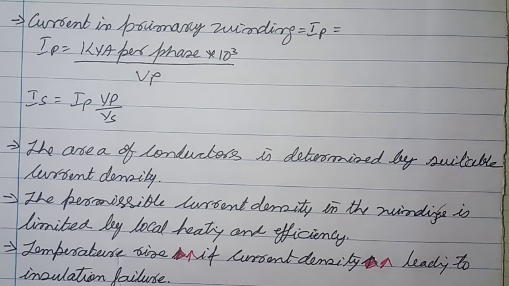If they are not, the higher the current density, the higher the temperature, which will ultimately lead to the failure of the insulation. Therefore the current density chosen while we are designing the area of conductors must be a very good value.